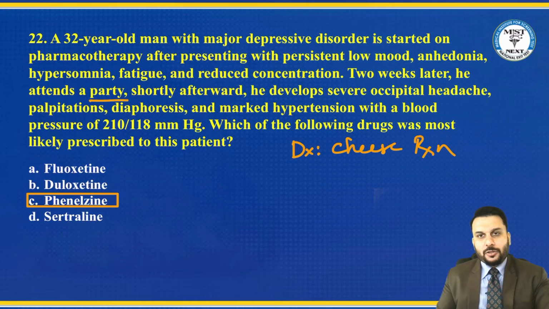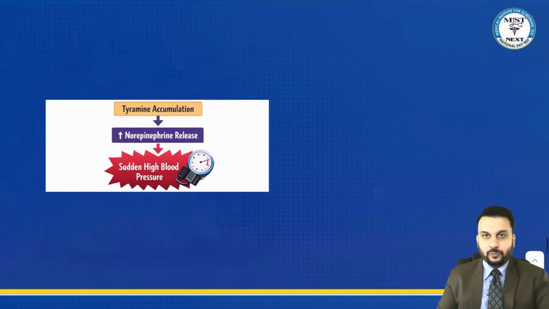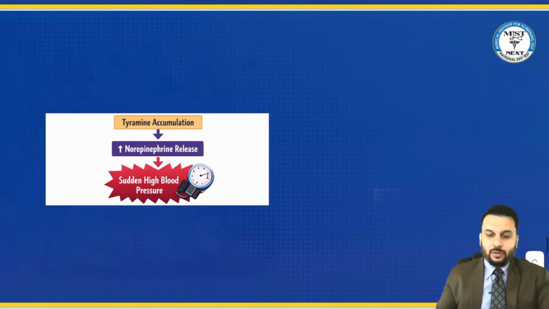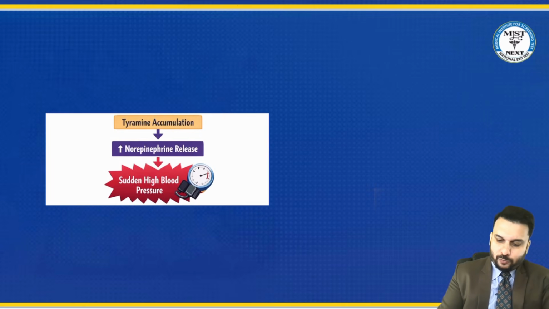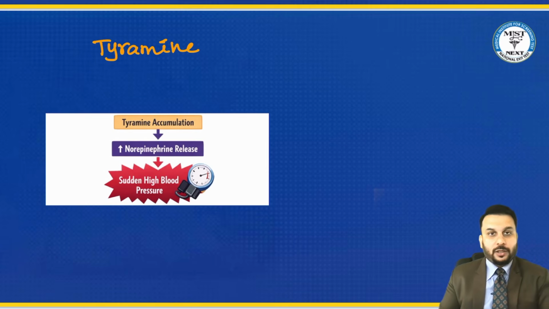Okay. So I am simply saying, what is cheese reaction? Why does it happen? Let's try to understand the logic, sir. There are certain foods, when we consume them, they contain something called tyramine.